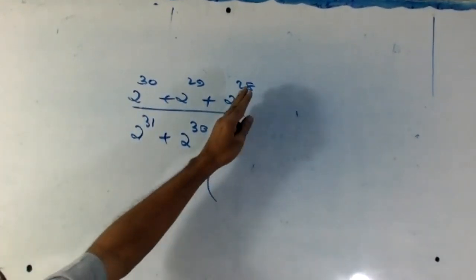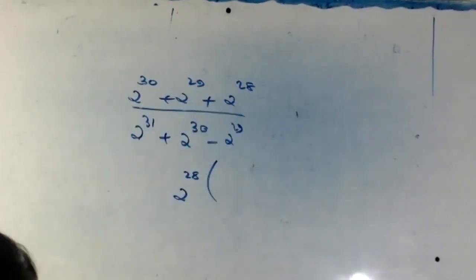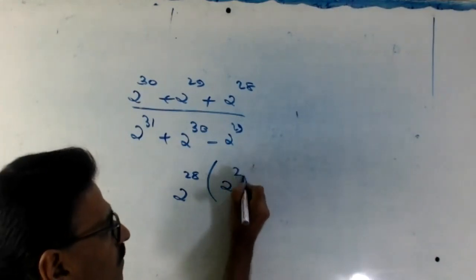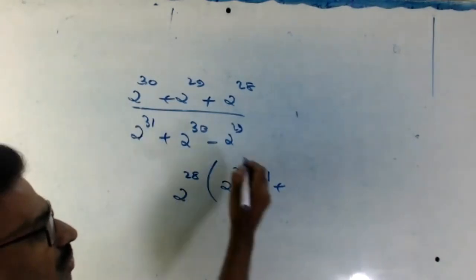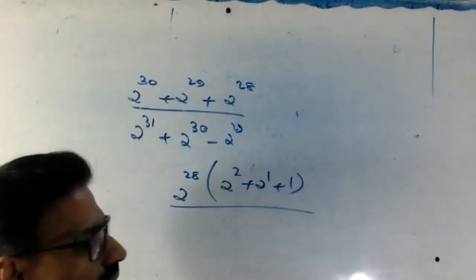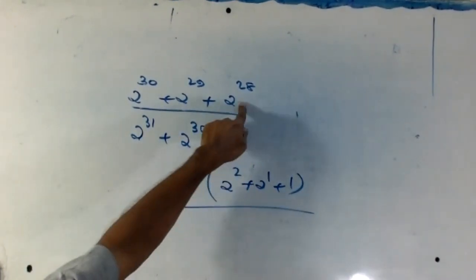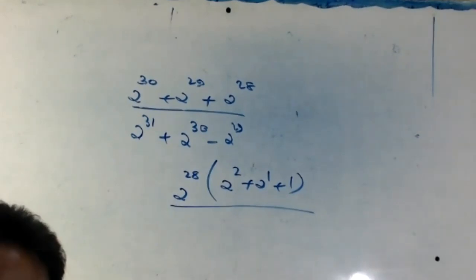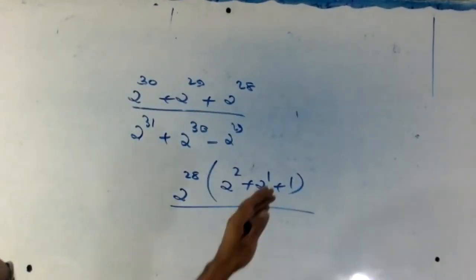Because if you write 2 raised to 28 here, and here also 28, here also 28, that 28 we take as common. Balance here 2 square plus 2 raised to 1, and here 1. Is this part clear or not? 2 raised to 28 is common for all the parts.